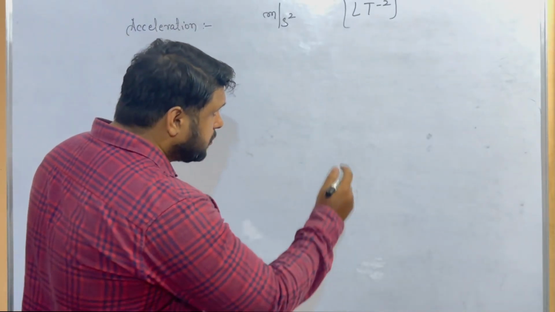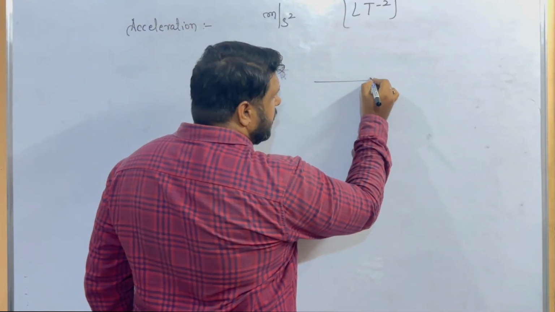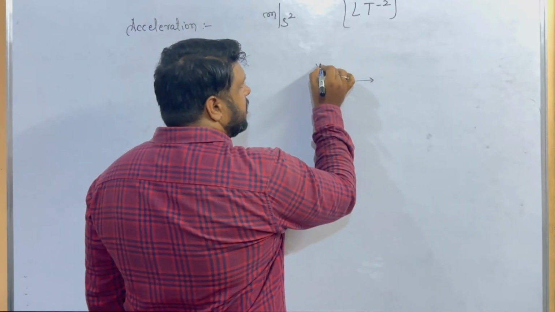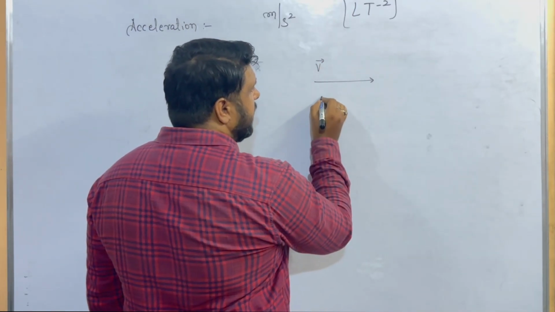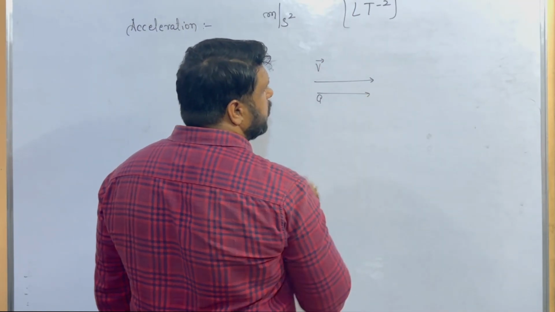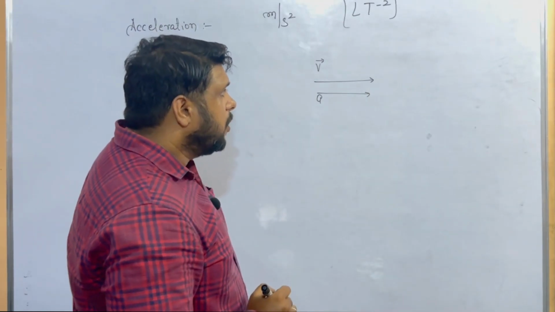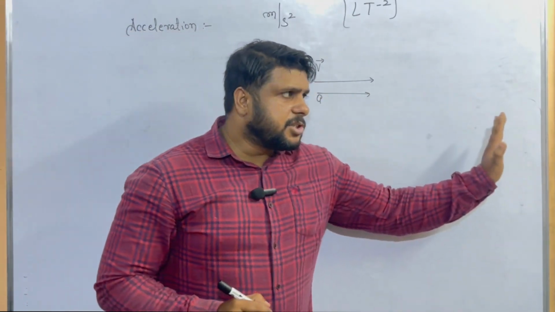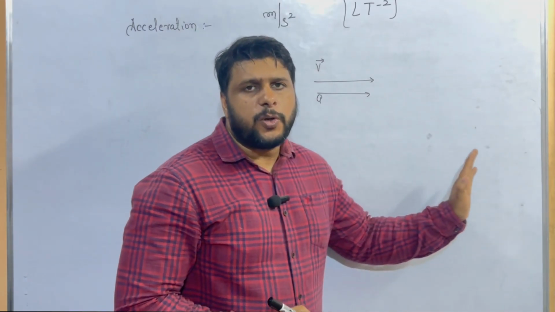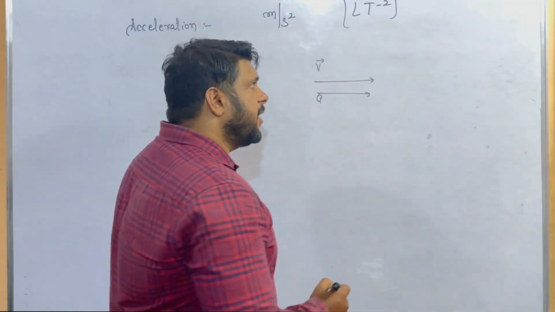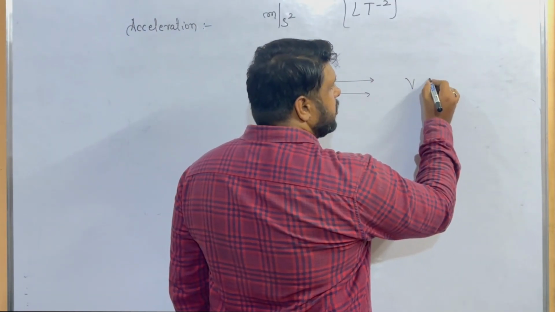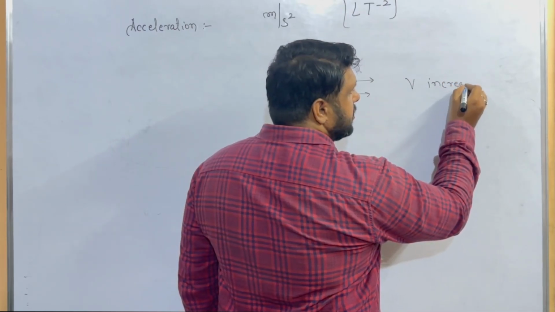Now let me show you some things about acceleration also. Suppose a body is moving in this direction. This is the velocity direction and acceleration is also in this direction. In this scenario its velocity is going to increase.